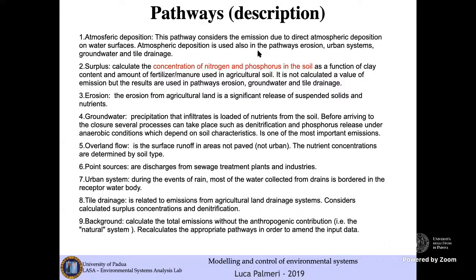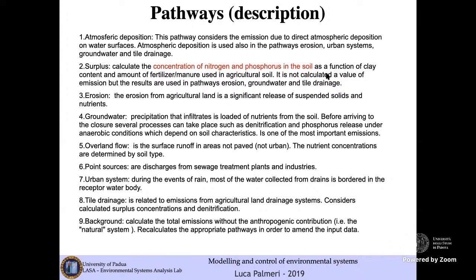So in this pathway, we estimate the difference between the quantity of nutrients that are applied to a soil per unit surface per unit time, and the quantity of nutrients that are taken away by yield. So this surplus is calculated as a difference between the manure and fertilizer employed for agricultural activity and the nitrogen and phosphorus taken away by agricultural yields.